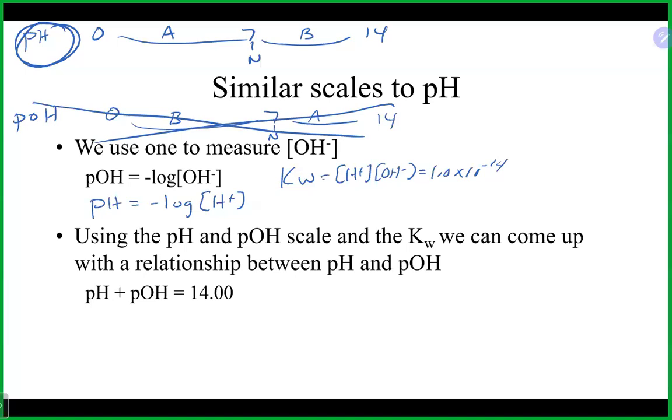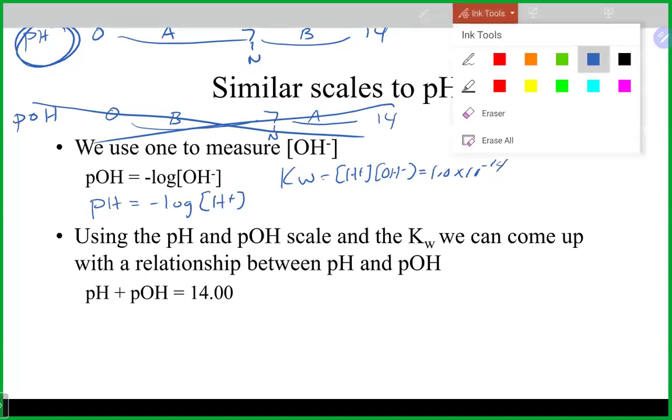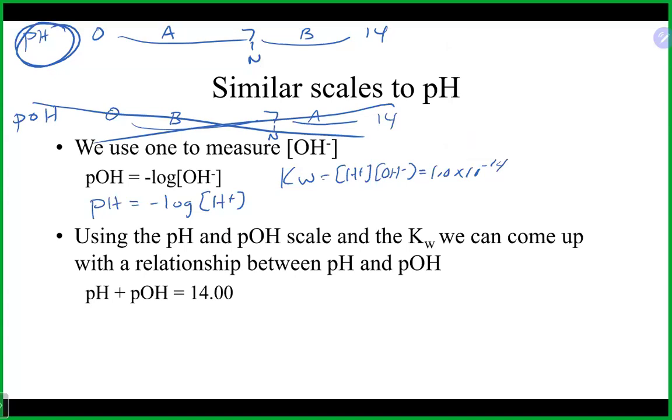Now, while we've got a little bit of room, there are two more types of calculations you could do that give you a variety of ways, or maybe an alternative way, to solve some of these problems. If you are given the pH directly, you can directly calculate the H plus concentration.